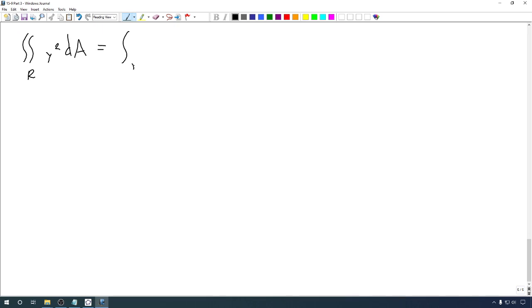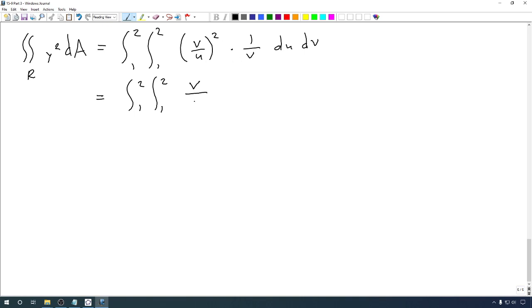So the integral from 1 to 2, integral from 1 to 2 of y squared, which is v over u squared. We need to multiply it by our Jacobian of 1 over v, du dv. Of course, this is v squared over u squared, but then we can cancel out one of those v's, so we get a v over u squared.